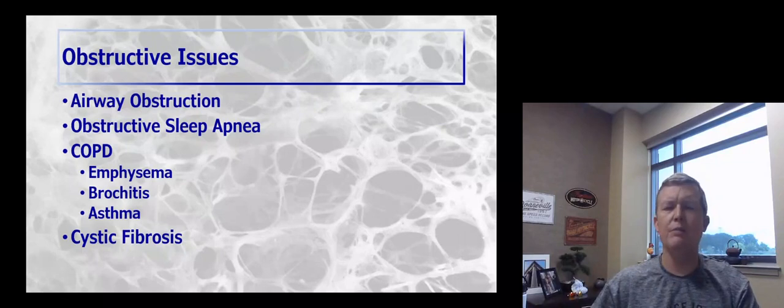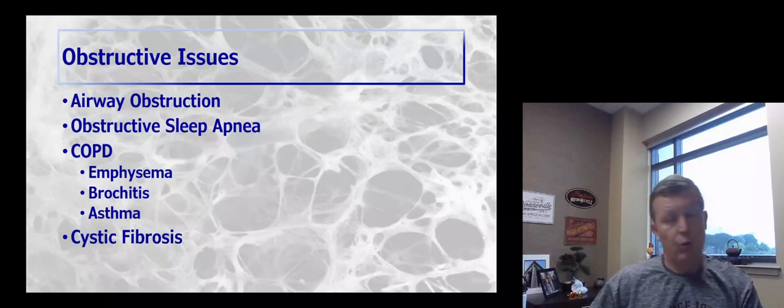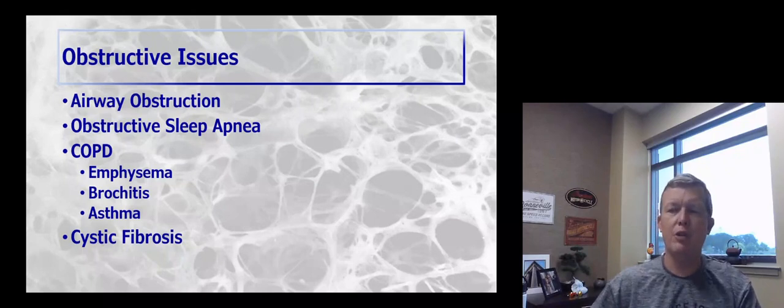So obviously airway obstruction is its own distinct type of obstructive airway issue. And we'll talk about that in a moment. Obstructive sleep apnea is a different matter altogether. There is an airway obstruction. It is not from a foreign object.